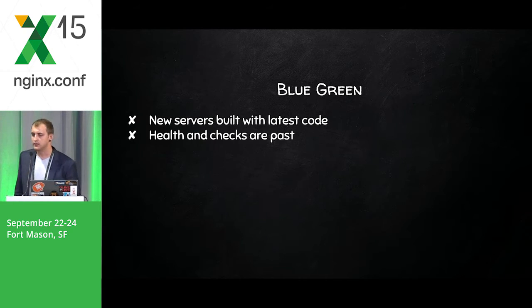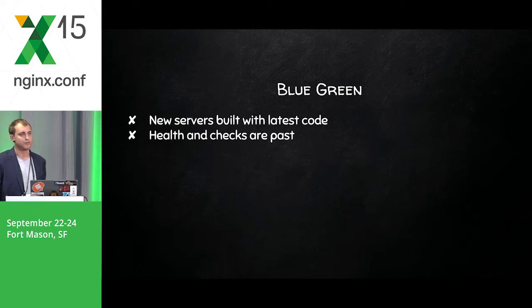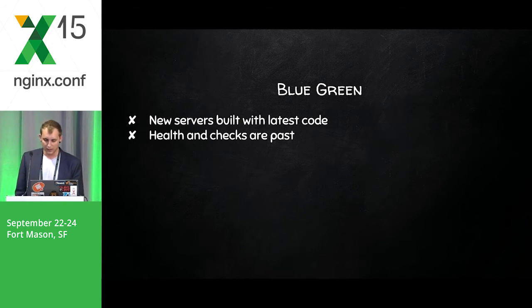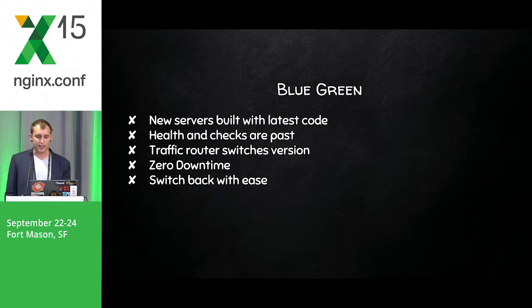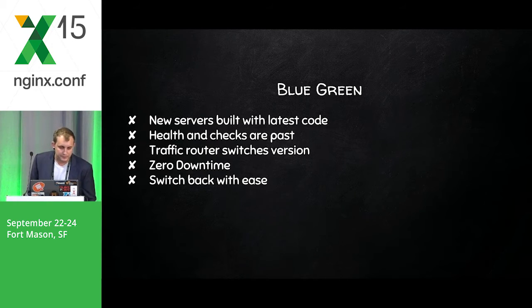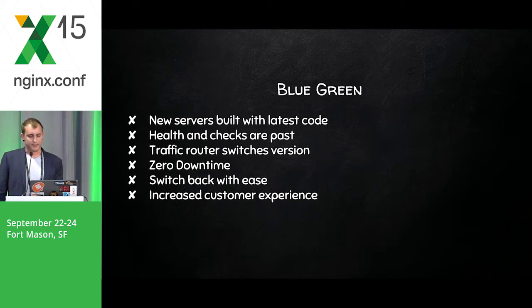Whether it be DNS or something like a proxy with NGINX, these deployments offer zero downtime and the ability to switch back to the older version if things go wrong. This lowers the stress of the engineering team and increases, again, your customer satisfaction. You have zero downtime, and that's exactly what we're looking for, right?